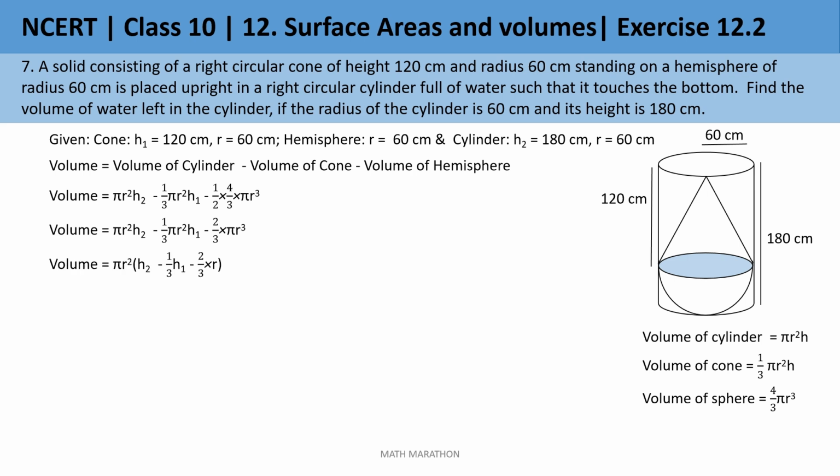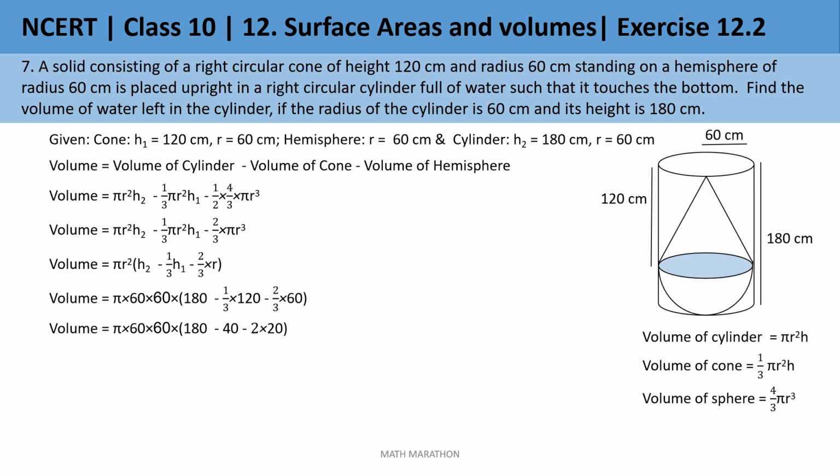Pi r square is common. So, volume is equal to pi r square in bracket h2 minus 1 by 3 h1 minus 2 by 3 r. Volume is equal to pi r square, which is 60 square, in bracket h2, which is 180, minus 1 by 3 h1, which is 120, minus 2 by 3 r, which is 60.